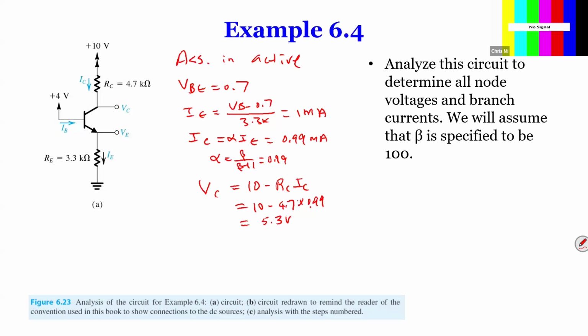Okay, so now we found VC, and we also need to find VE. VE is 4 minus 0.7, that gives you 3.3 volts. So VCE now becomes VC minus VE equal to 5.3 minus 3.3.